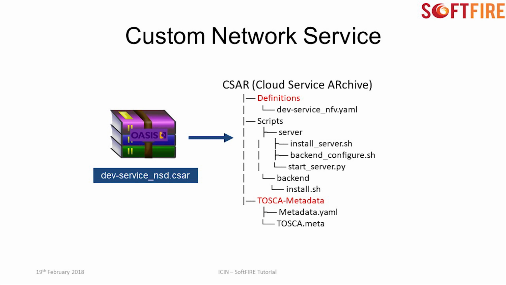We have the definition directory that contains the custom NFV definition. We have the TOSCA-Metadata, and instead of the files directory we have the scripts directory that will contain the install script of our ERP service that will run inside the virtual machine defined inside the NFV.